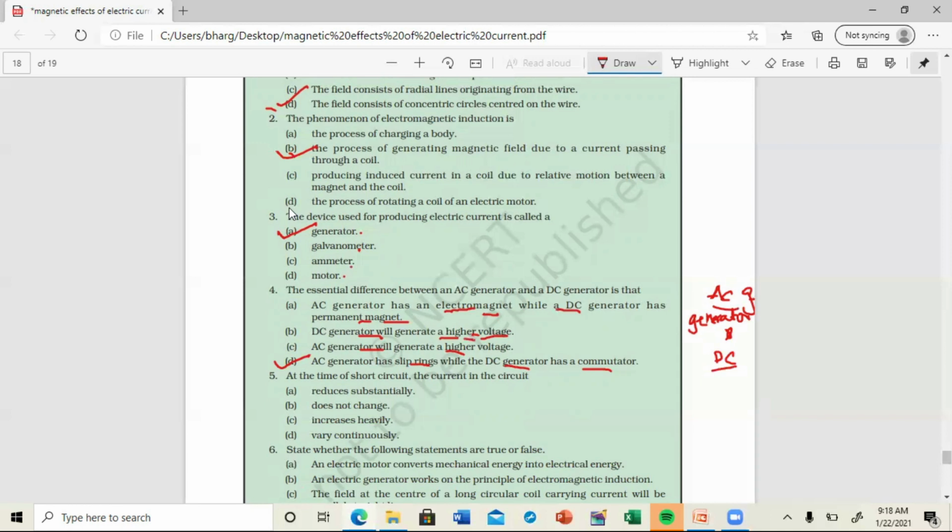B, DC generator will generate higher voltage. C, AC generator has slip rings while the DC generator has a commutator. D answer is the correct answer. AC generator has slip rings while the DC generator has a commutator.